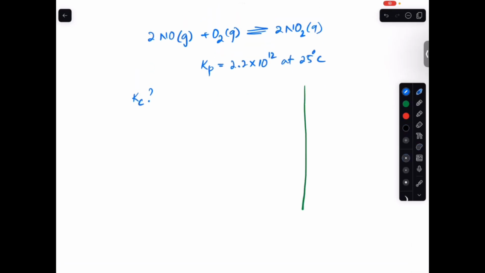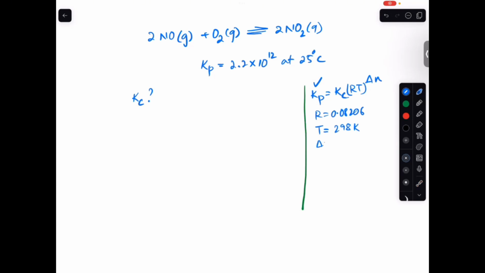The formula is Kp is equal to Kc times RT raised to delta N. So all we have to do is figure out what each of these values is. Kp is given to us. R is 0.08206. I'm not going to write out the units. Temperature, we need to change the temperature given to us, 25, into Kelvin. So that's going to be 298 Kelvin, right?